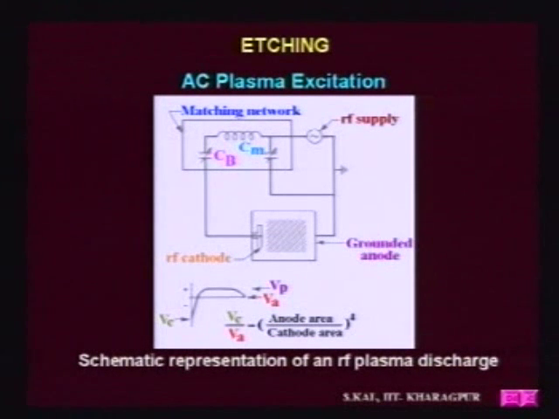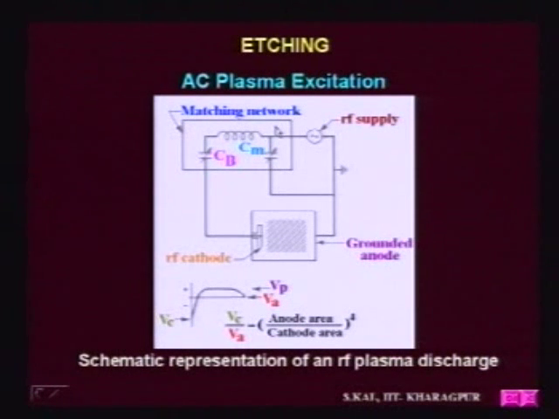But in case of AC excitation, you are using an RF supply. Since this is an RF supply, meaning AC, a particular electrode will sometimes be the cathode and next time it may be the anode, because of the positive half cycle and negative half cycle in AC. So, sometimes this one is the electrode and the whole chamber is grounded. That is known as the grounded anode.